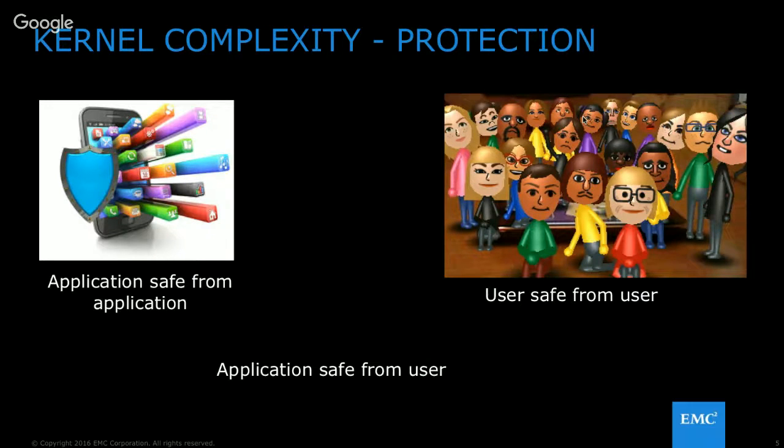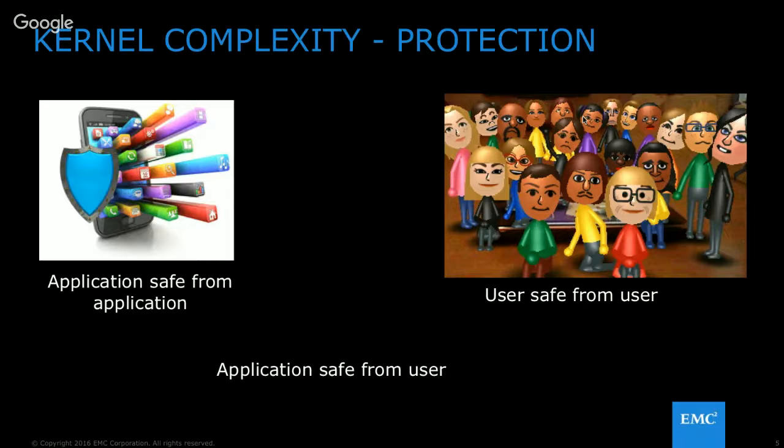And the question is, why is it so complicated? Why do we need this? What we understood is that the main reason is the complexity that is in the kernel itself. One of the main functionalities of the kernel is to protect. This is what it's doing. So it can protect applications from each other. You separate user from user.